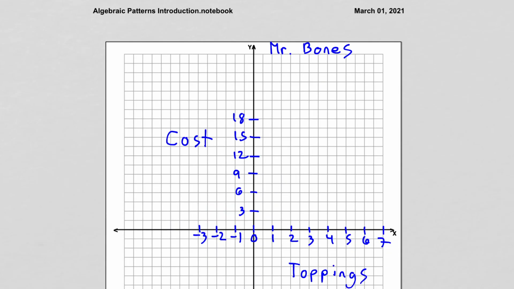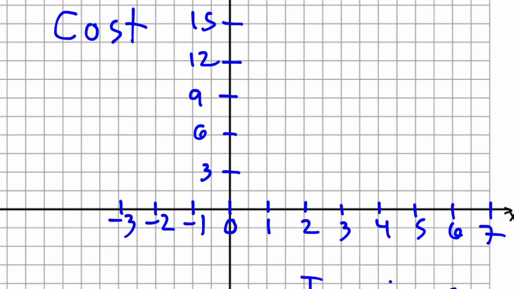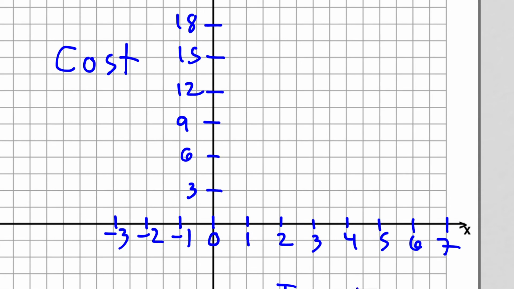Okay. So, when we had 0 toppings on our pizza, that pizza was $9. We put a point right there, call it (0, 9). When we had 1 topping, that was 11. So 1 topping is going to be just a little bit below the 12 there.